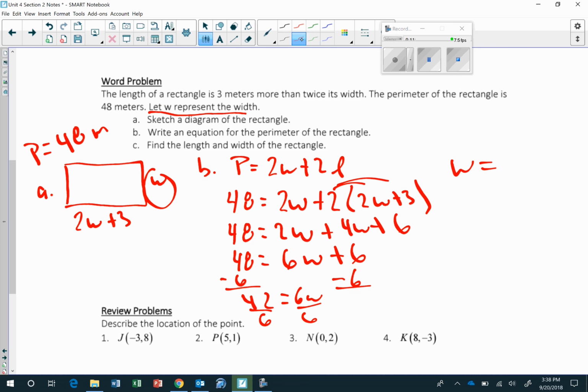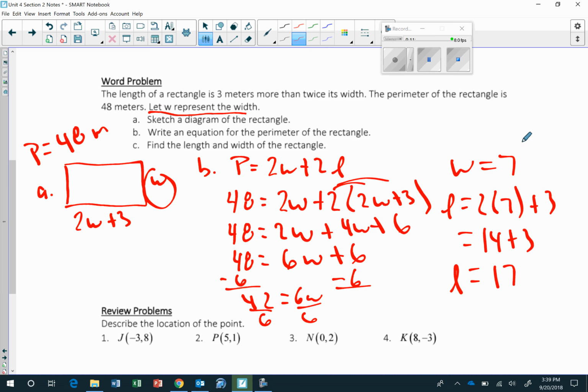Thank you, eraser. So we'll have a width of 7, and then we can plug that in for the length. So 2 times 7 plus 3. 2 times 7 is 14. 14 plus 3 is 17. So our length will be 17. So we have a width of 7 meters, and we have a length of 17 meters.